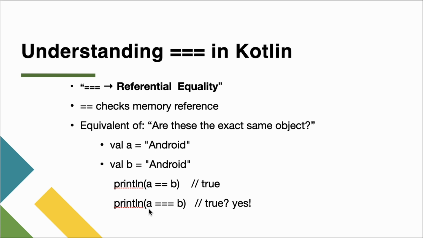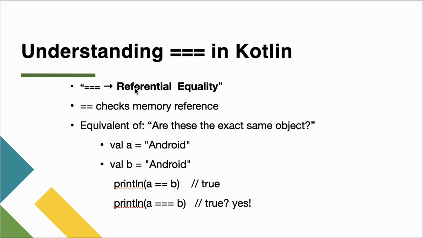I'll repeat it again. If two people have the same favorite color, that is considered as double equals. But if there are two IDs that refer to the same exact person, then that is considered as triple equals. That is nothing but referential equality.